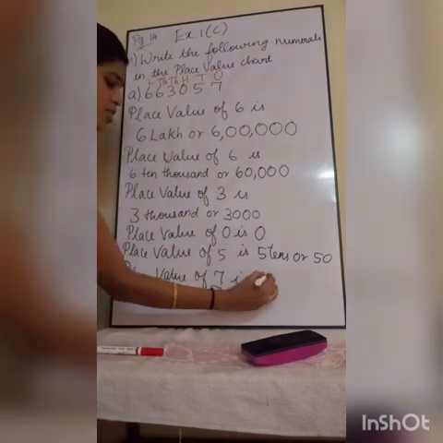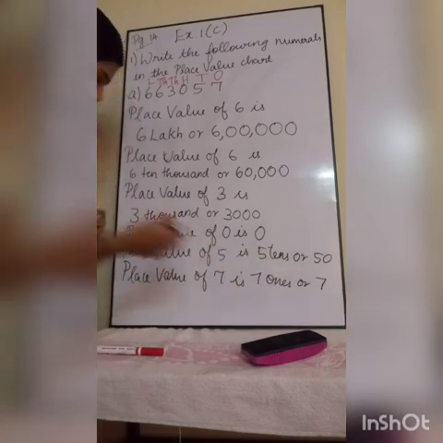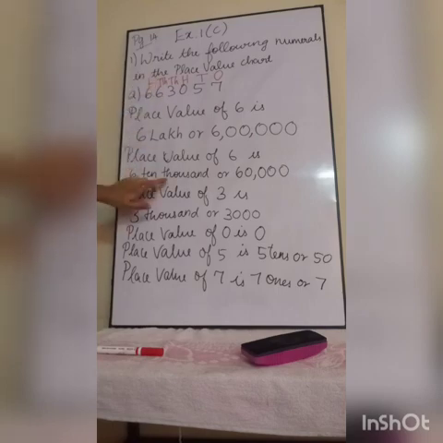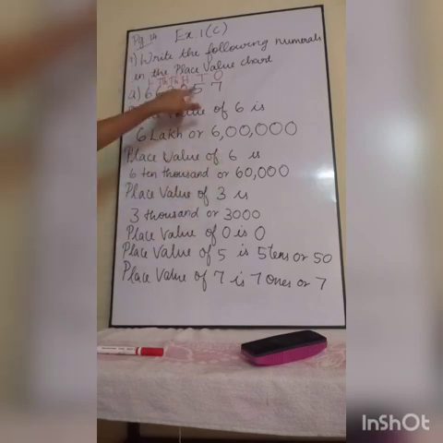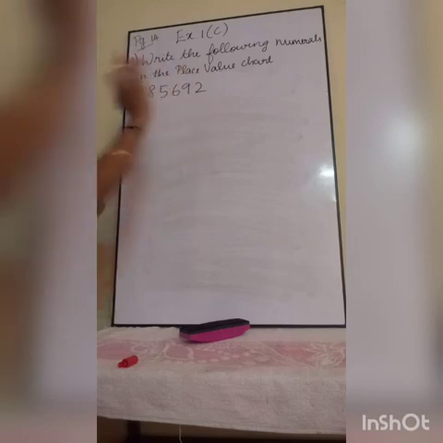Ones place. So 7 ones or 7 into 1, 7. Did you understand this place value? So the place values of this are 6 lakh, 60,000, 3,000, 0 hundreds which means 0, 5 tens and 7 ones. Understood?